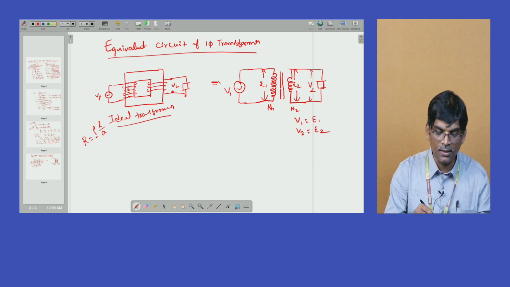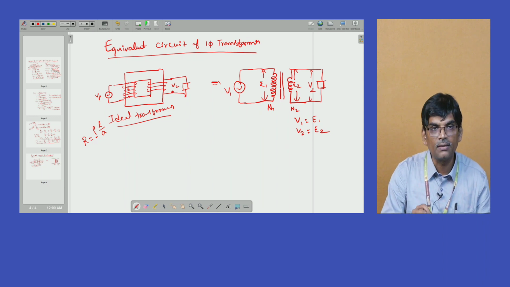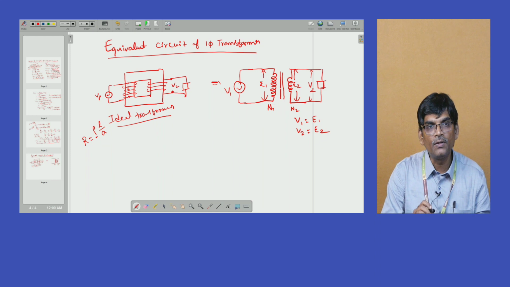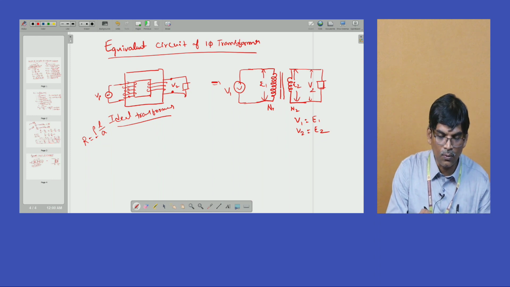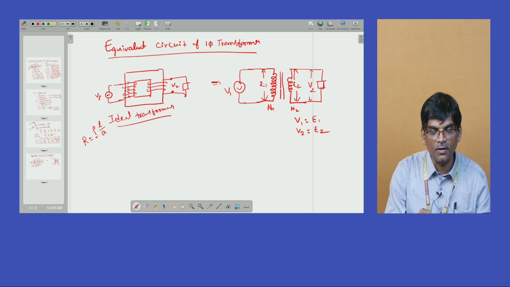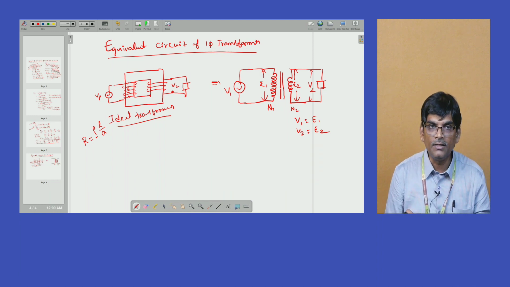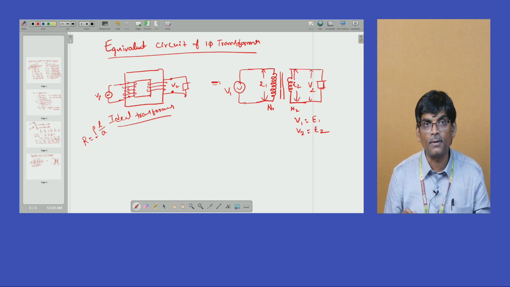Not only that, in every coil we use ferromagnetic material, the cold rolled grain oriented silicon steel, and also a laminated core is used here. Even then, it has some iron losses. So, it has iron losses and copper losses.